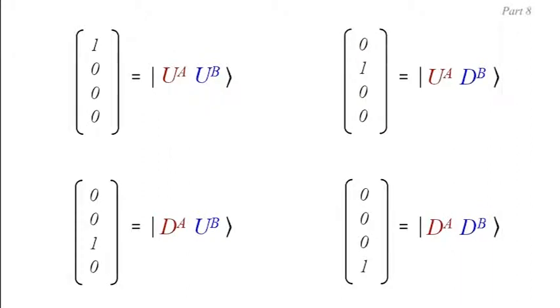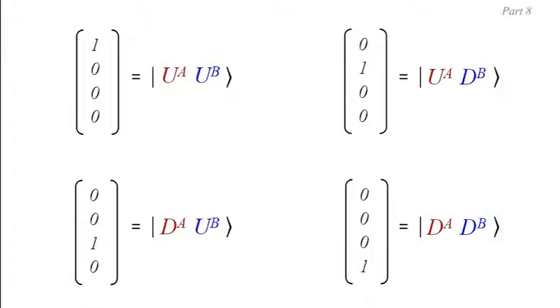Here are the four possible column vectors for the four basis states. A 1 here would represent electron A up and electron B up. Here, electron A is up and B is down. Here, A is down and B is up. And here, electron A is down and B is down.